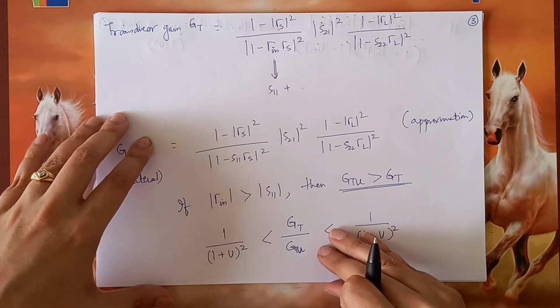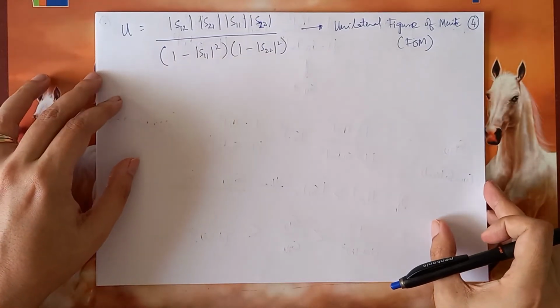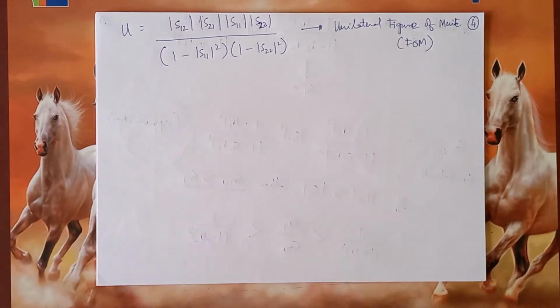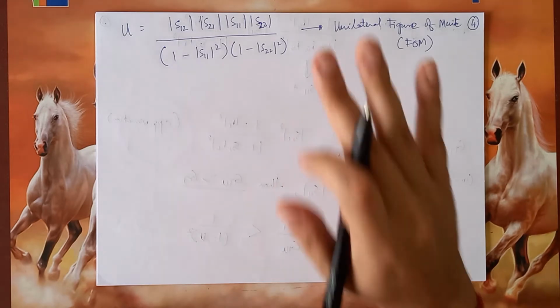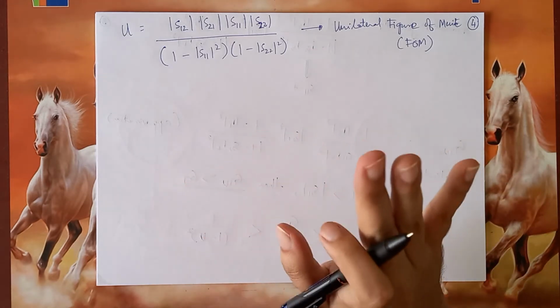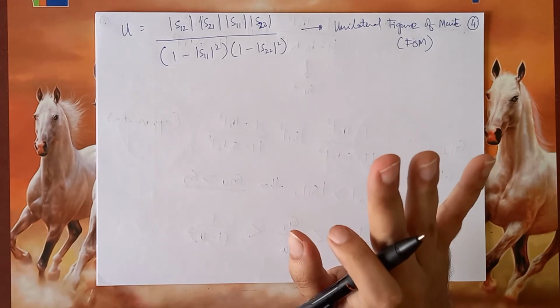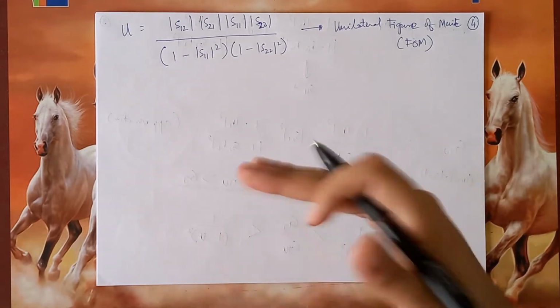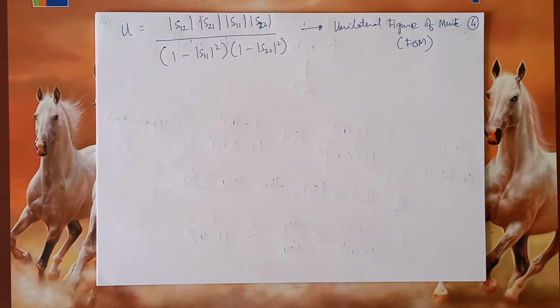So the point of the discussion so far is that it is often helpful that we have the MMIC, which is non-unilateral, because it gives us some flexibility from the stability angle.